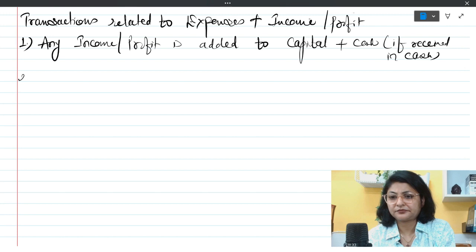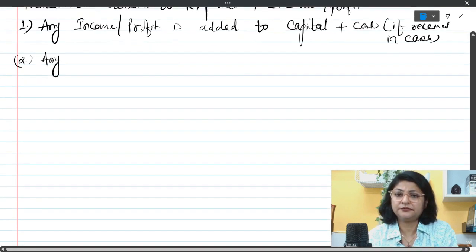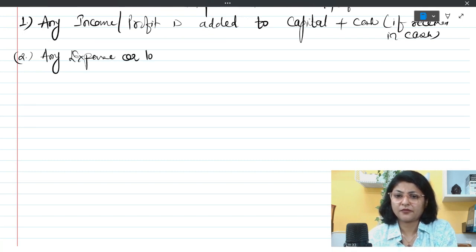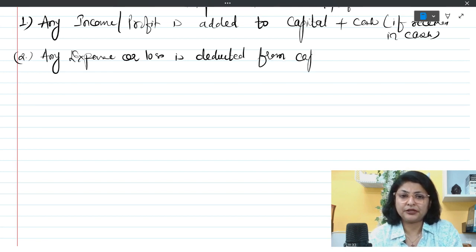Secondly, any expense or loss is deducted from capital and cash if paid in cash.